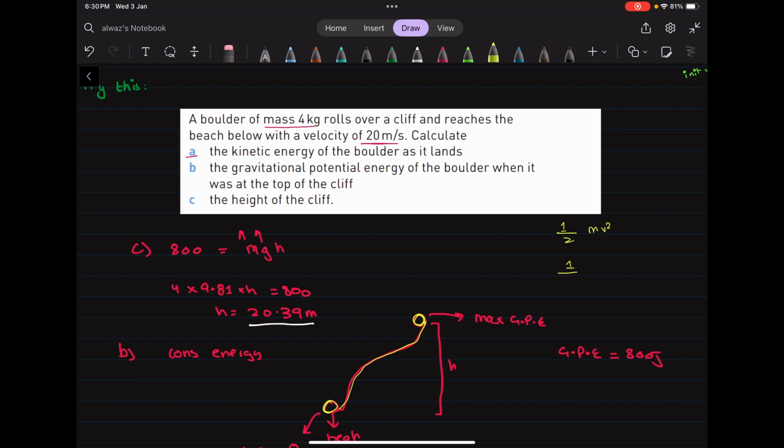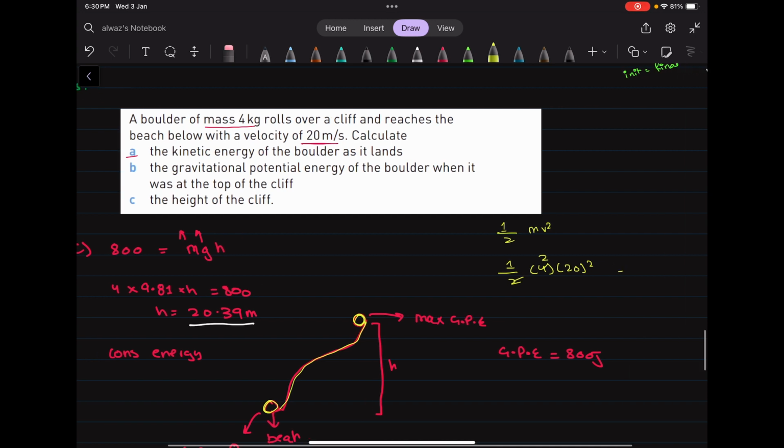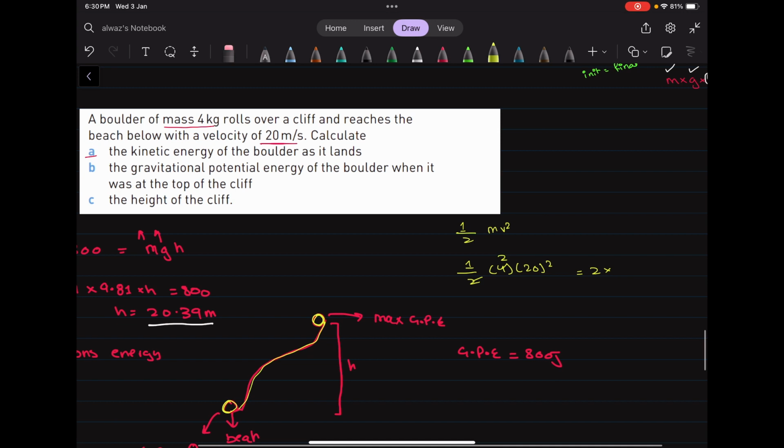So it will become 1 over 2 times 4 times 20 squared. If we simplify it a little bit, it's going to become 400. So our kinetic energy is 800 joules for part A.